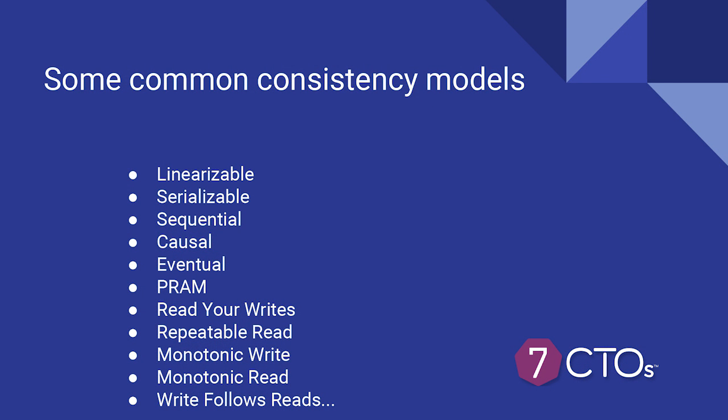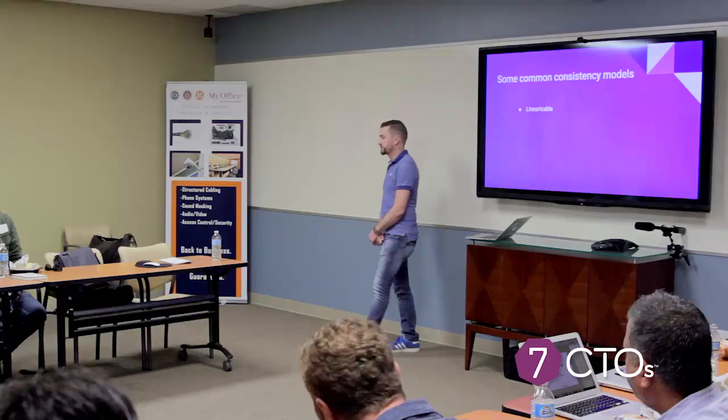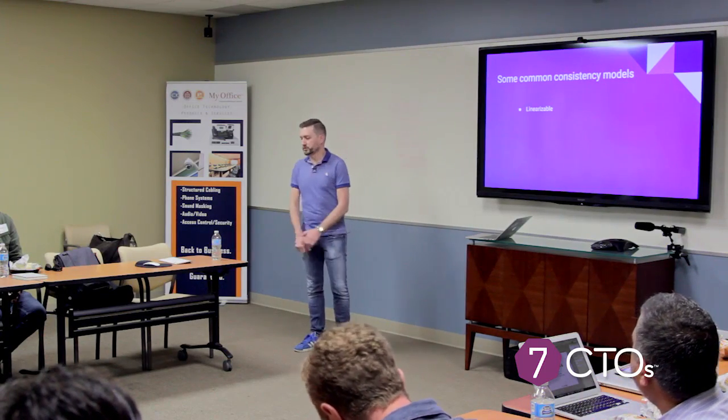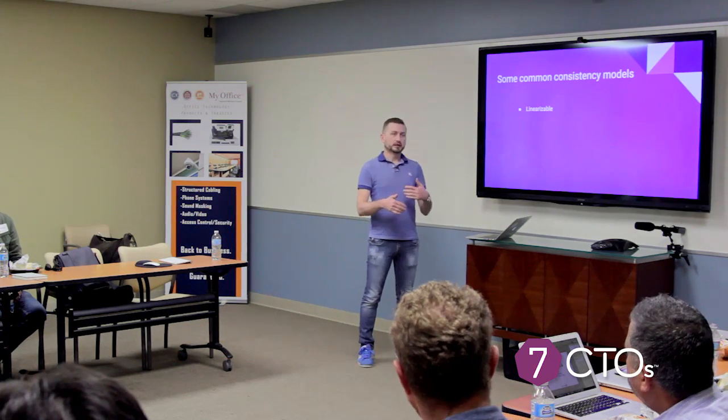So there are some common consistency models here. Linearizable consistency is one that, whether you are aware of it or not, you're probably pretty familiar with. It's basically the notion that all operations have to complete in a certain order.